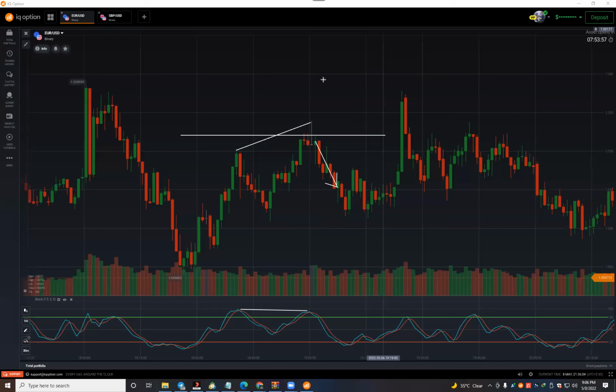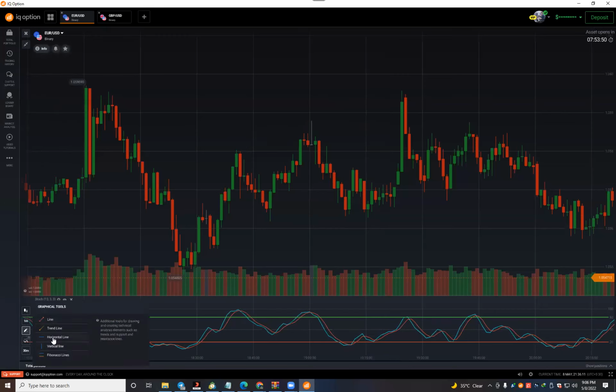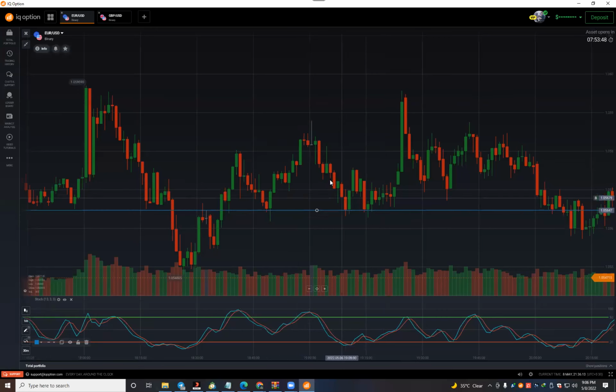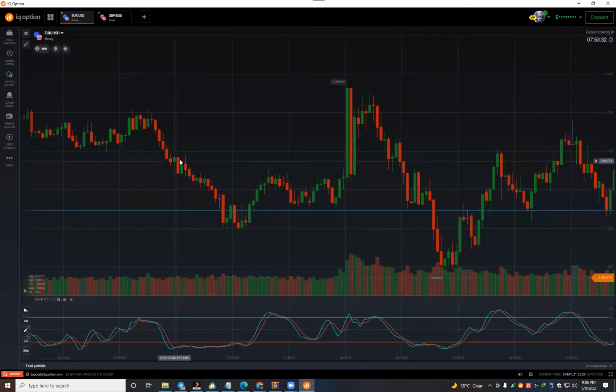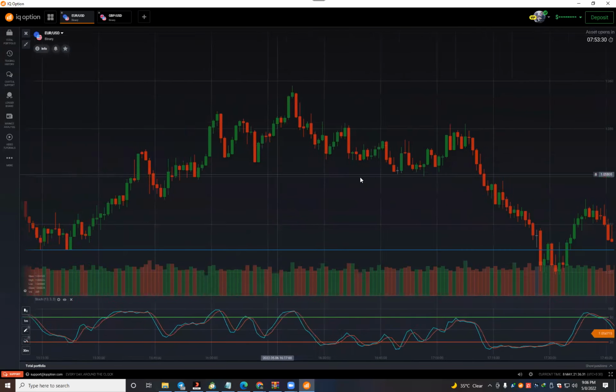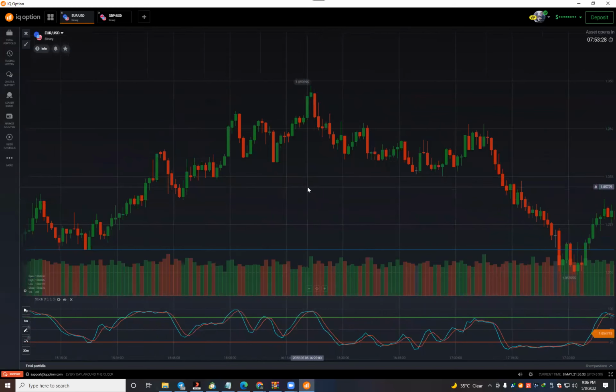Look here again. This is the support. You want to trade the support for 5 minutes. Price closes here. How do you confirm the 5-minute trade may work? You can identify this price divergence here. It will be confirmed.